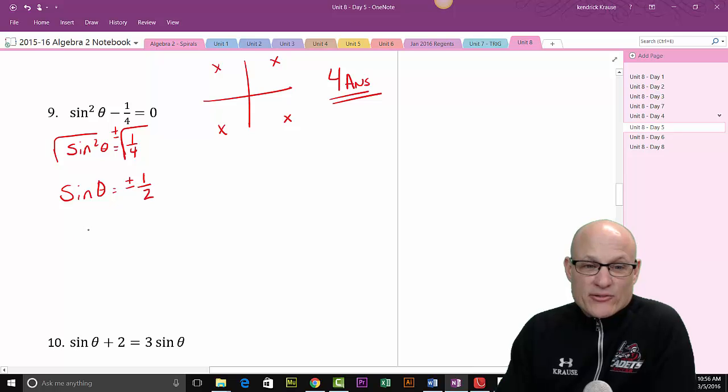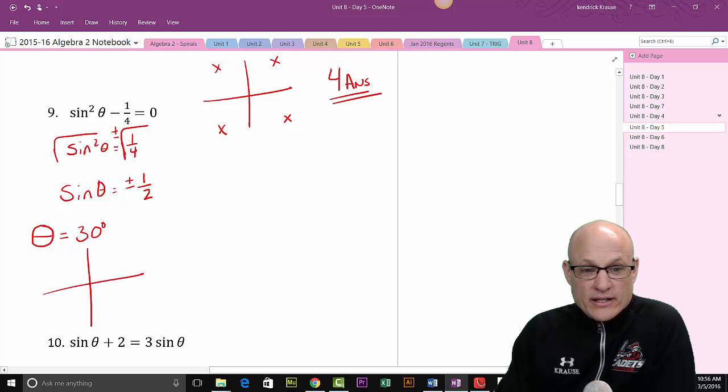So really what I got to do is figure out what is the reference angle when sine is equal to 1/2. And if I remember that, that would be a 30-degree angle. Okay. So really what I want is 30 degrees. That's the first quadrant, so my first answer is 30 degrees. Now I got to go into the second quadrant, 30 degrees.